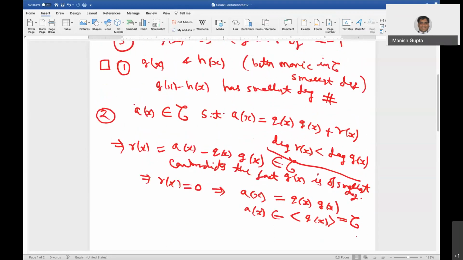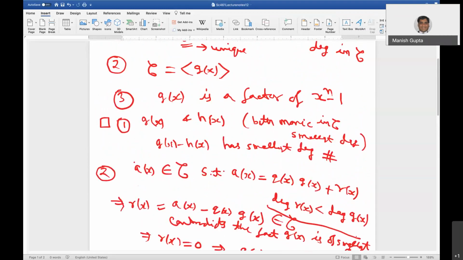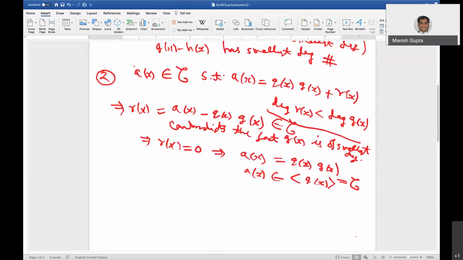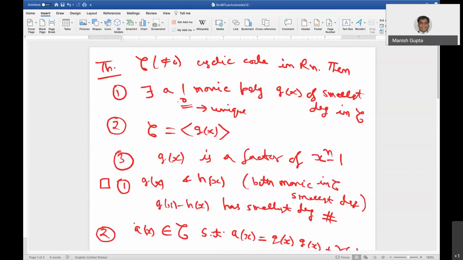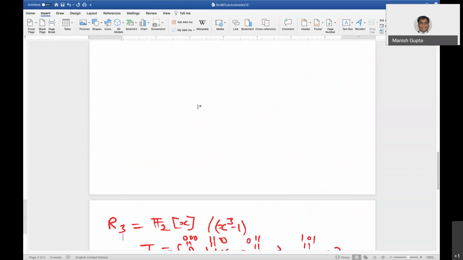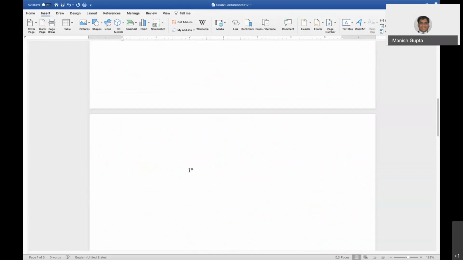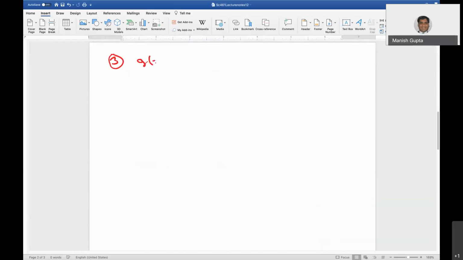The third property says that g(x) is a factor of x raised to power n minus 1. A very beautiful and very powerful property actually. So we have to show that g(x) is a factor of x raised to power n minus 1, and the proof is really a simple one.